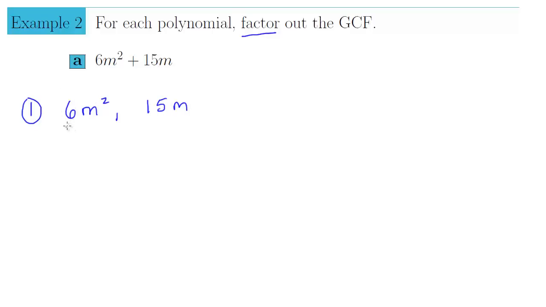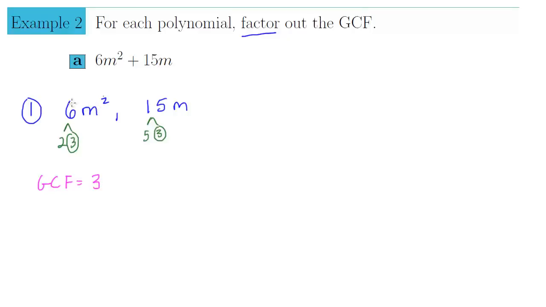For the coefficients, we're going to have to factor them down. 6 is 2 times 3, and 15 is 5 times 3. So the GCF for the coefficients is just 3, because that's the biggest factor they have in common. So my GCF is going to have a 3 in it. But now I need to consider the m's.